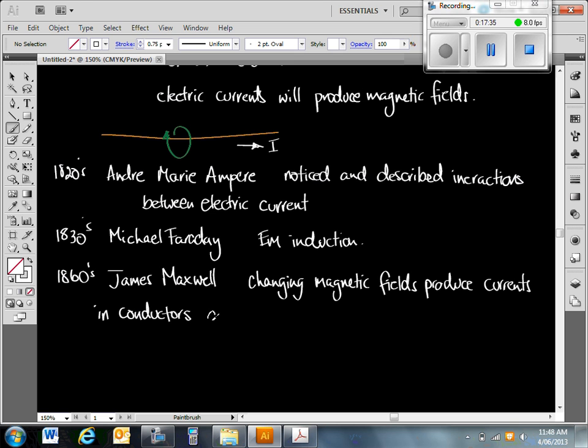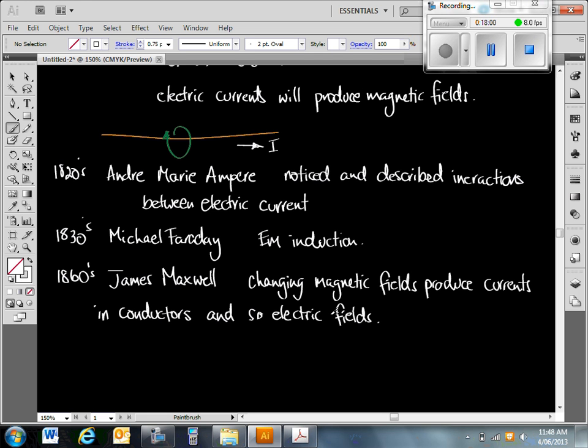And so electric fields. And this guy actually came up with a set of equations. I won't show them to you. They look very simple, but they're quite complicated. And if you go on and do physics at university, then you'll spend a lot of time with Maxwell's equations.